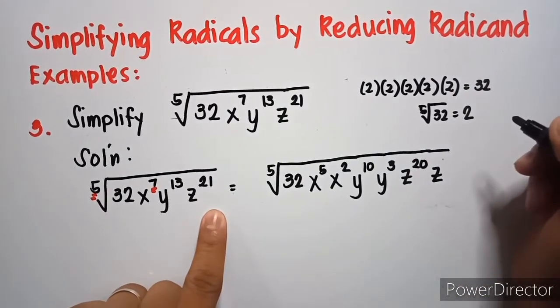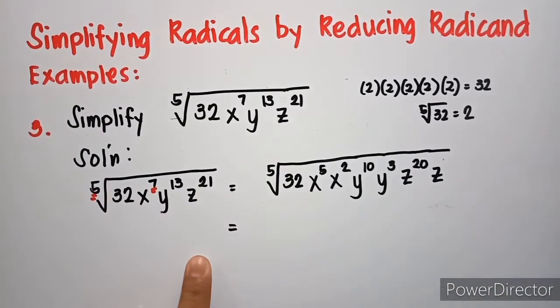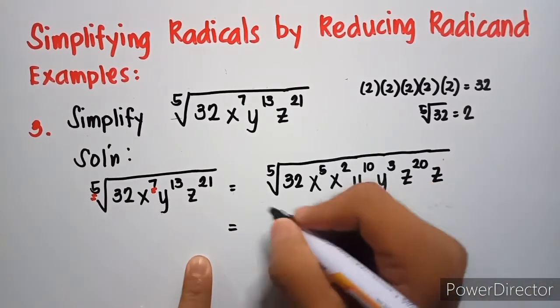Okay? Then we combine the perfect fifth numbers, the multiples of 5.